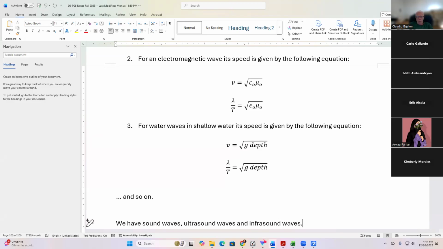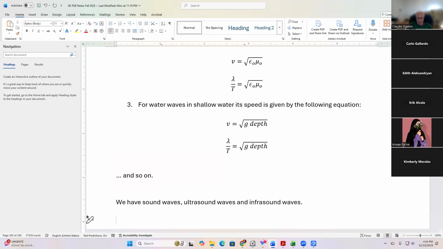We humans cannot pick up those two types of waves. We can pick up only these. Our detector, which is our ear, our hearing detection system, picks up waves of only a given frequency. Keep that in mind.